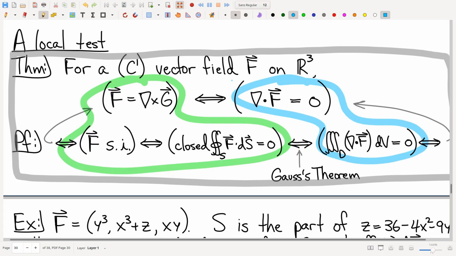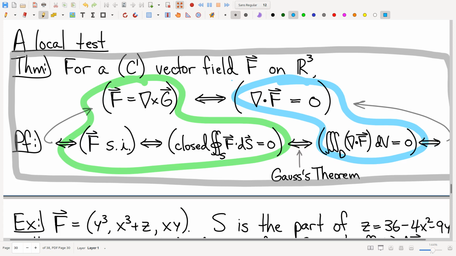Again, it's the same story. If I have some scalar valued function, divergence in this case, whatever, but some scalar valued function, all of its triple integrals are always zero. Come on, how's that possible? How can a function, all the triple integrals are zero, the function must be zero.